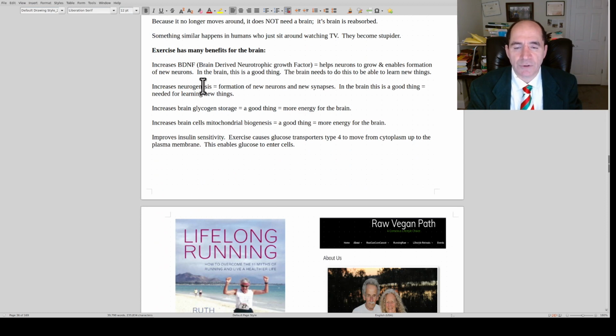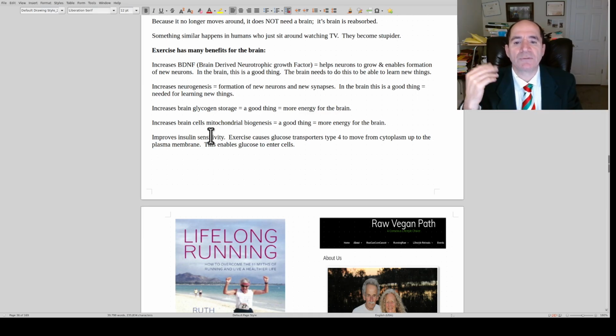What else does exercise do that's good for the brain? It increases BDNF, brain-derived neurotrophic factor, which helps neurons to grow, enables forming new neurons, and facilitates synaptogenesis, forming new synapses. It facilitates brain angiogenesis, a good type of angiogenesis, to maintain good blood supply to those brain cells. It increases brain glycogen storage, a good thing, especially in supporting cells, the astrocytes.